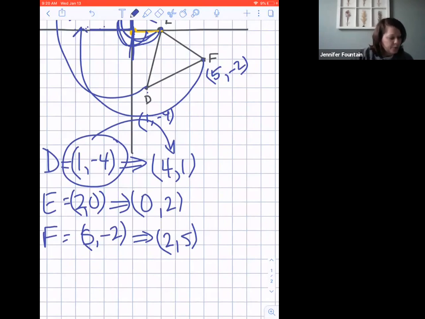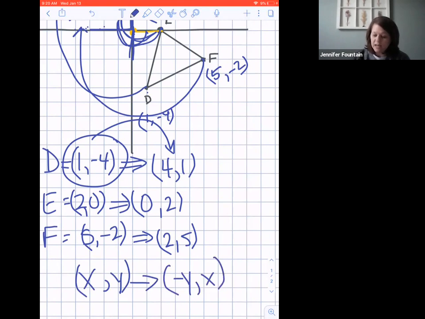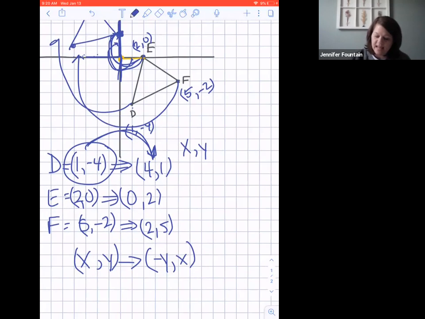If we look at the pattern over on example 2 at the bottom, it says this transformation can be described as (x, y) becomes (-y, x). We started with x, y, and you can see that 1 was my original x value.